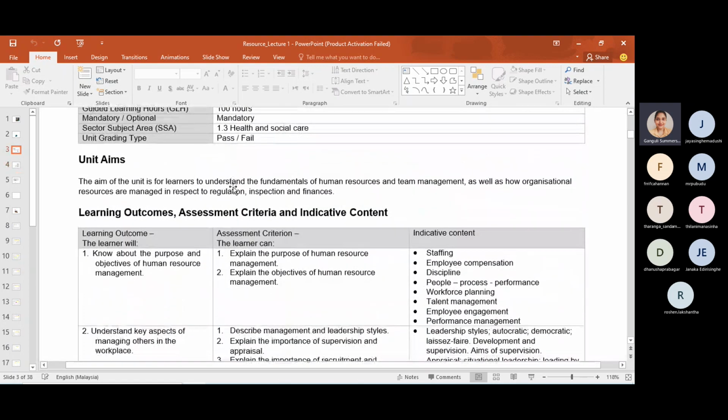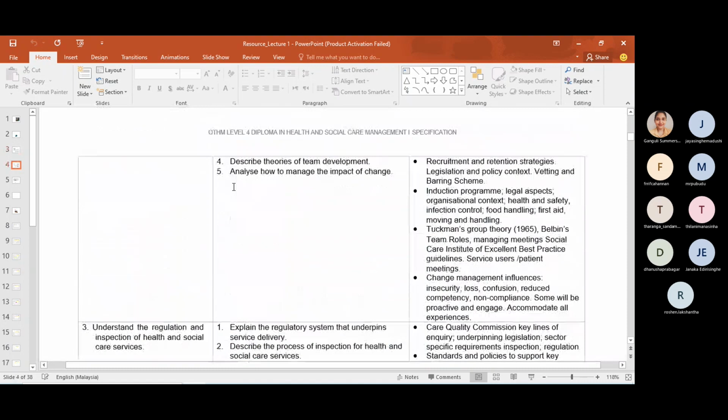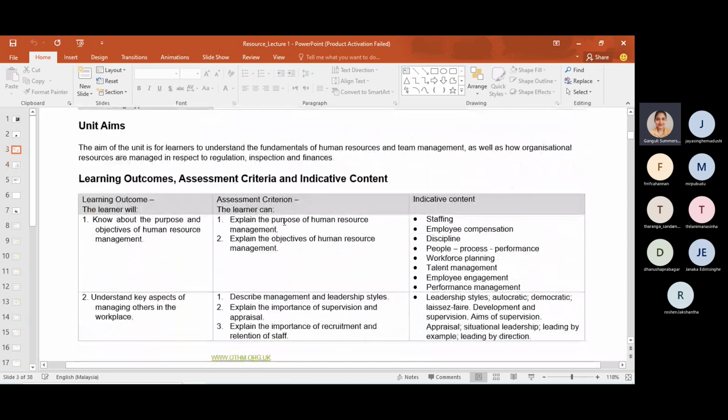Okay, so there are 4 learning outcomes. The first learning outcome is this: know about the purpose and objectives of human resource management. The first learning outcome is basically about human resource management.